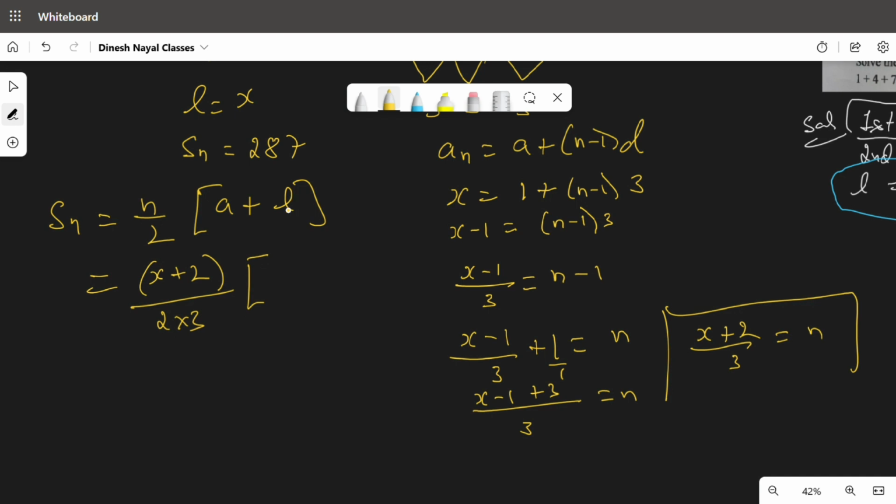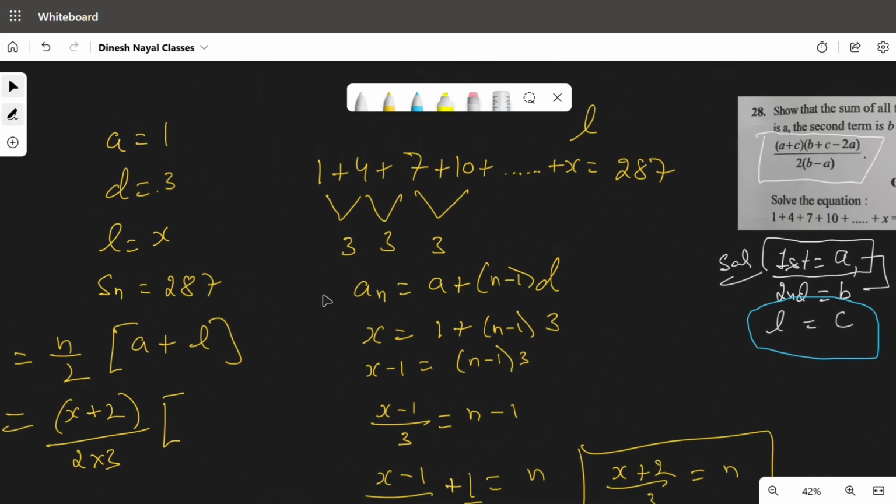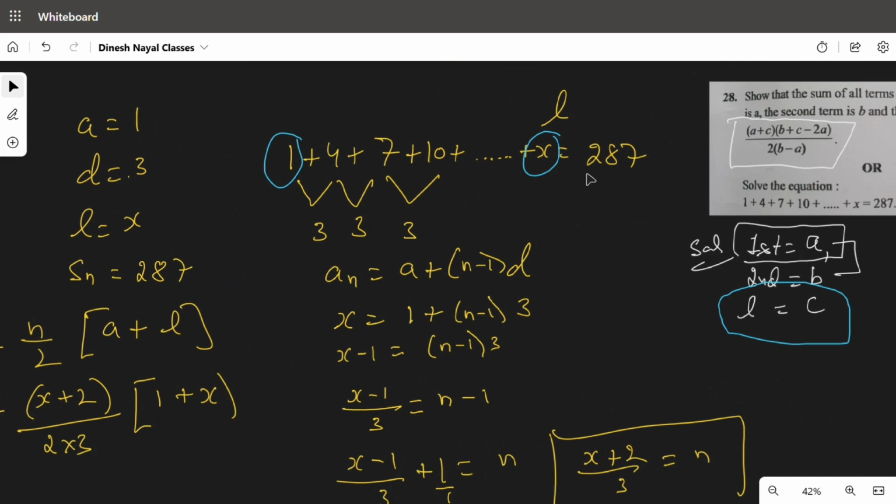The first term should be, I think, 1 only. Yes, as you can see over here, the first term is 1 and the last term is x. So we will substitute the value, a plus l, so that will be 1 plus x, and Sn, the sum which is given, is 287.